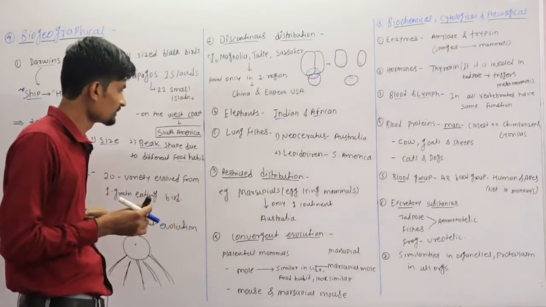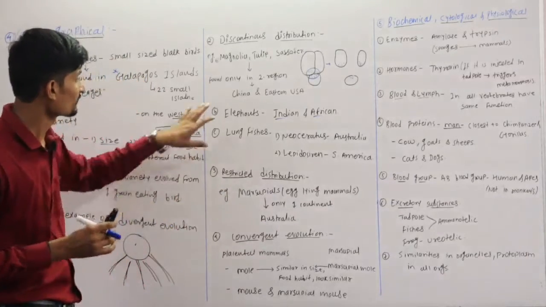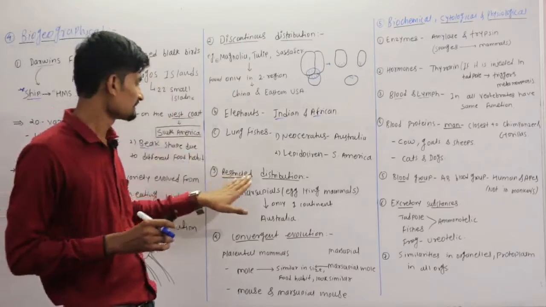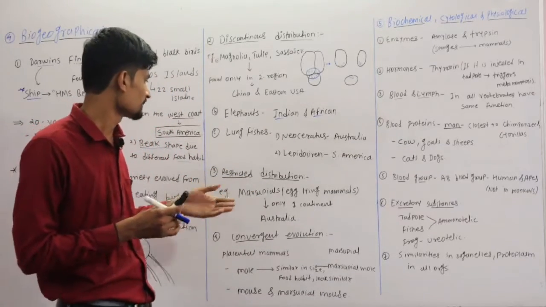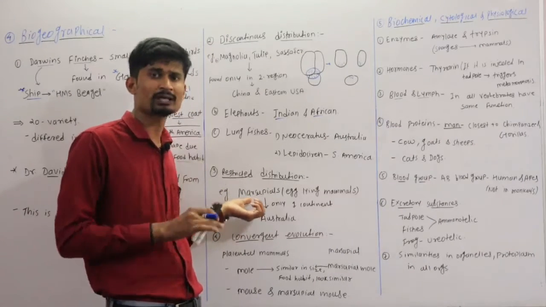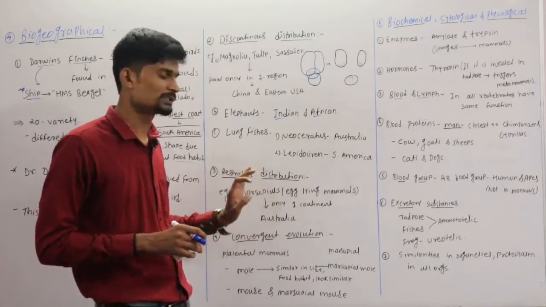Next is the restricted distribution. The third example of biogeographical evidence is restricted distribution, meaning you can find organisms which are present only in some particular region. An example is marsupials.